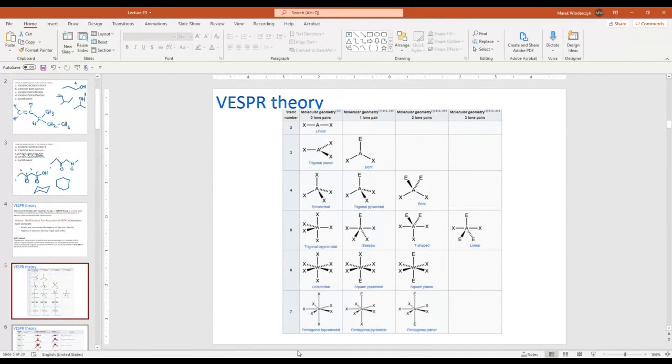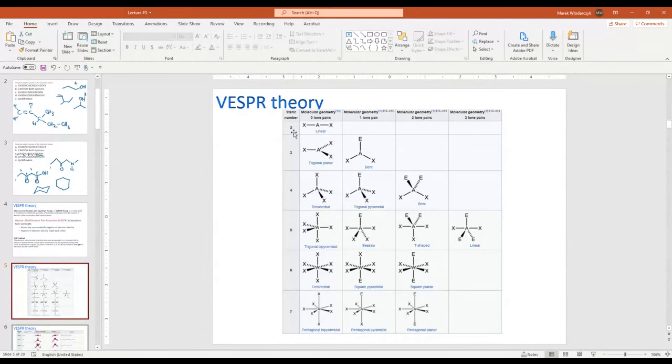The cool thing about this AXE model is that if you just know the values for X and E, then you can very easily use the table and predict the shape of the molecule. Here it says steric number. The steric number is the number of your X in your formula.